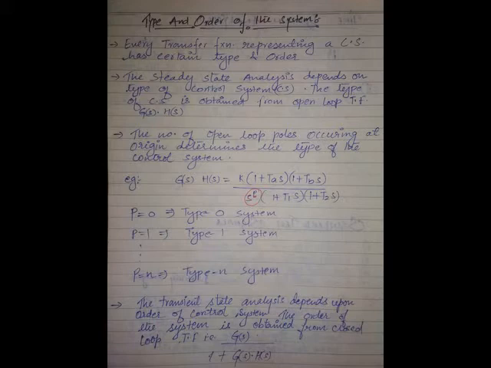Third point, the type of the control system is obtained from the open loop transfer function G of S, H of S.